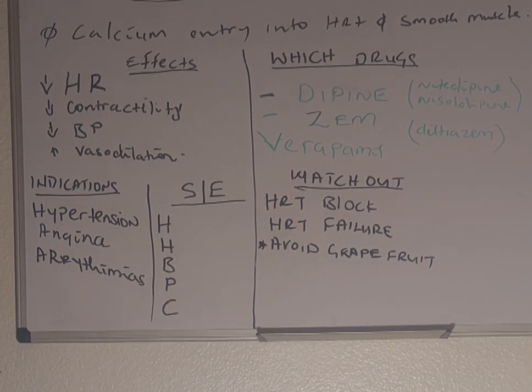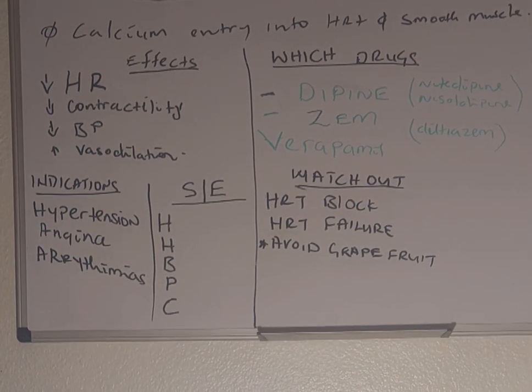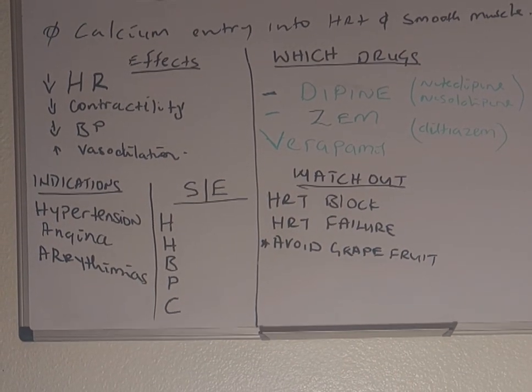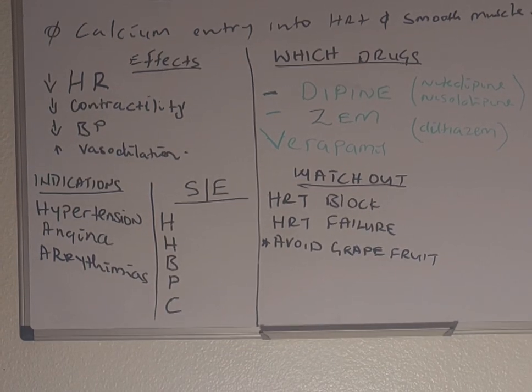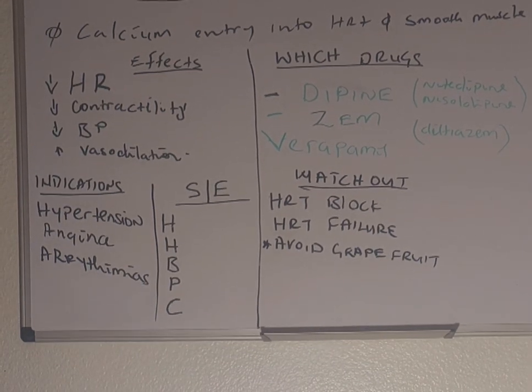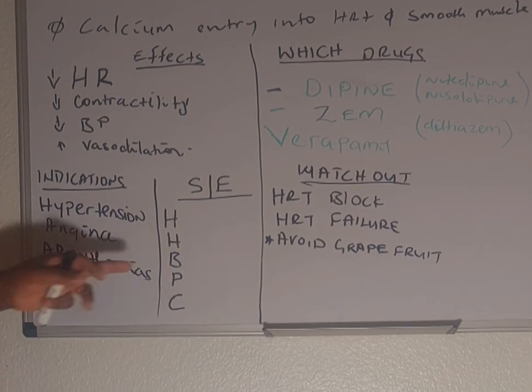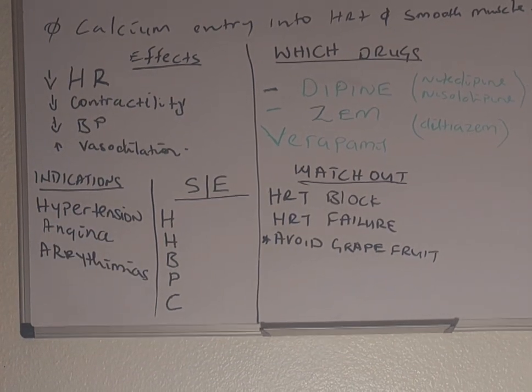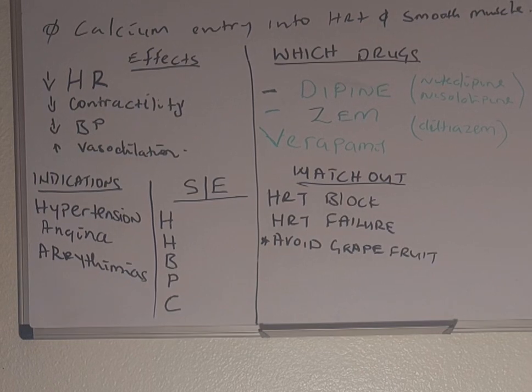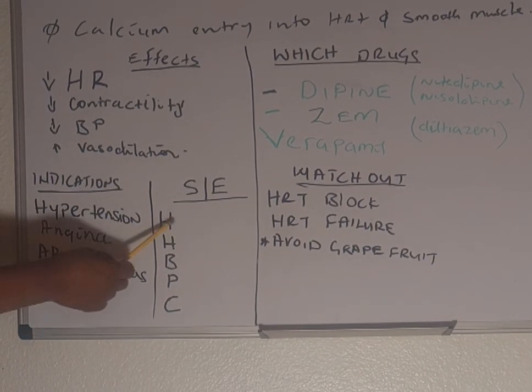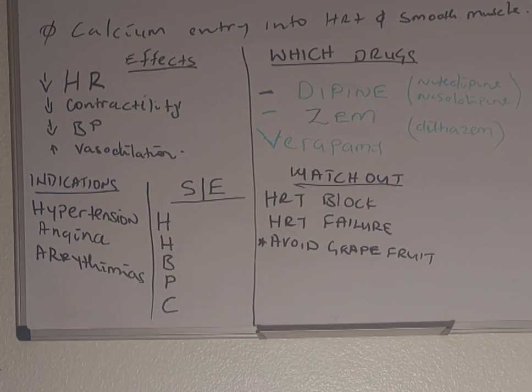Okay. So when we are giving these drugs, what are the side effects? For you to understand the side effects, you just need to memorize this mnemonic, HHBPC. Once you memorize the HHBPC, you have memorized the side effects of all the calcium channel blockers. So this H stands for headache. These drugs tend to cause headache.